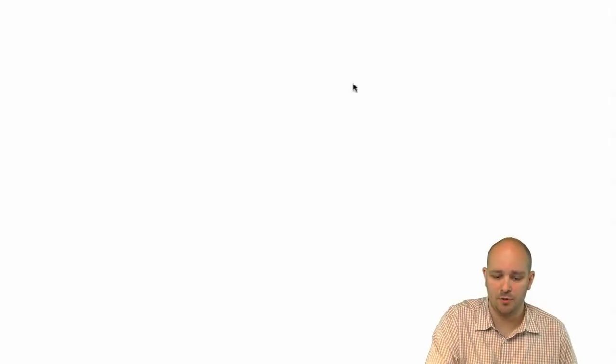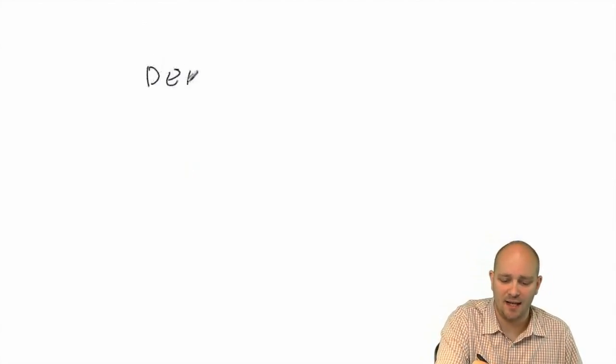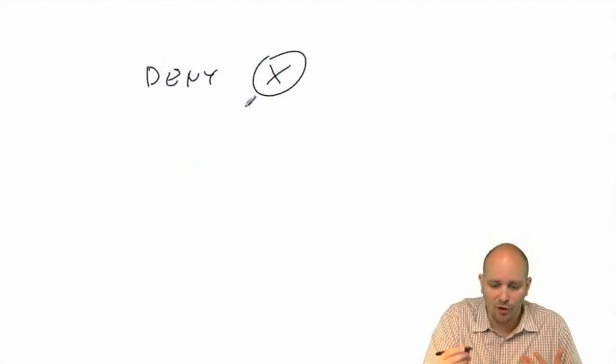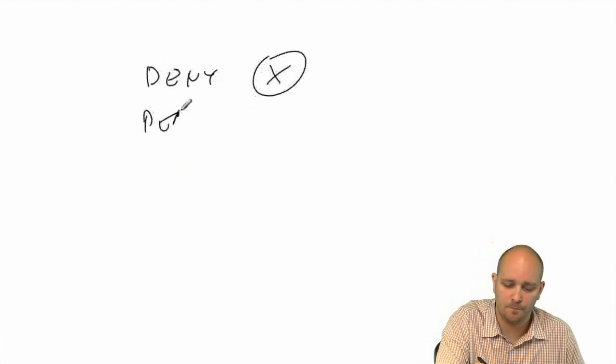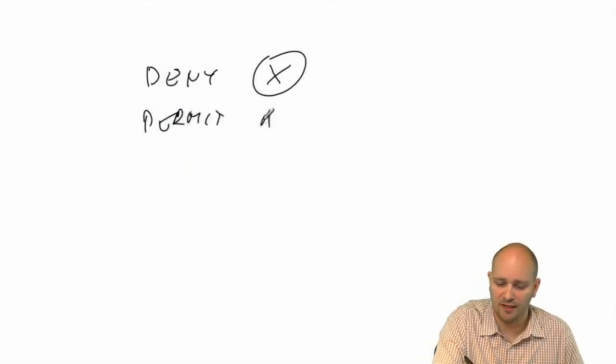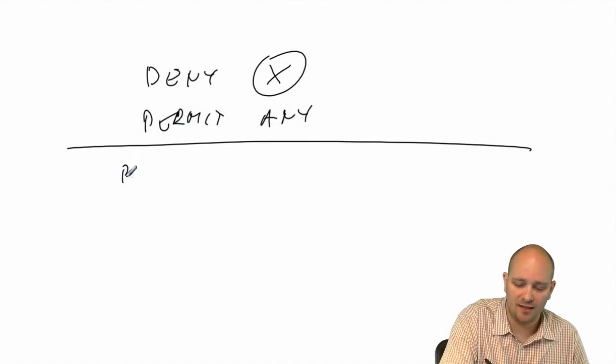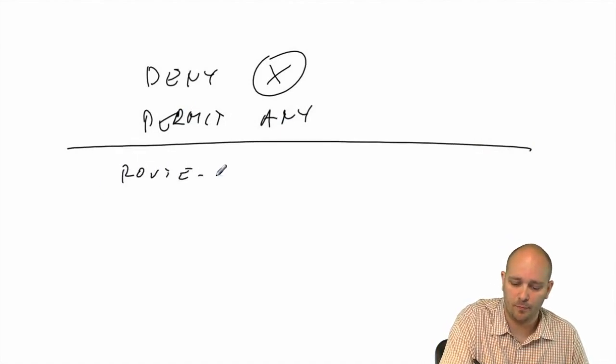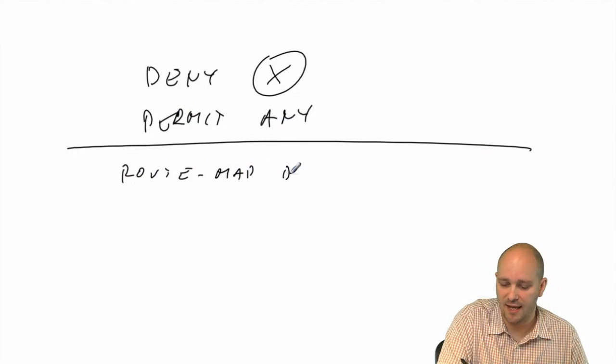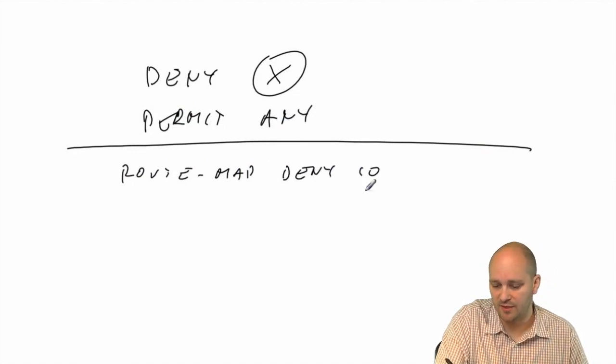So let me use the whiteboard for that. So if you had a task, if you wanted to do something that says deny x, whatever x might be, and permit everything else, what you need to do is really, you need to create a route map that is, say, deny, for example, 10.